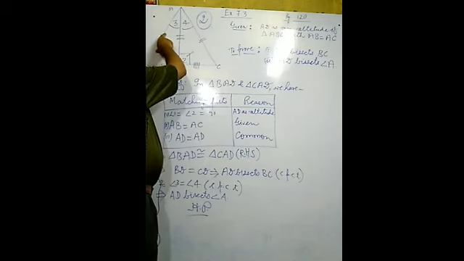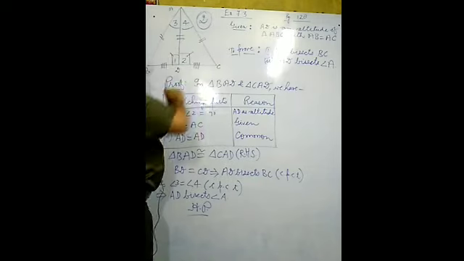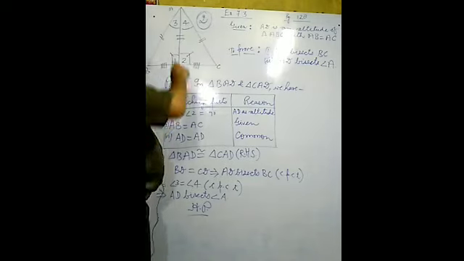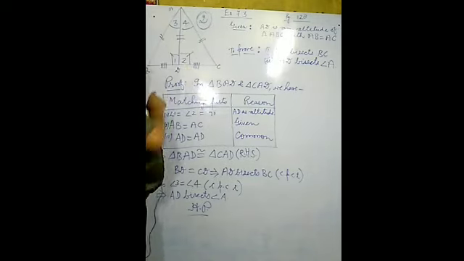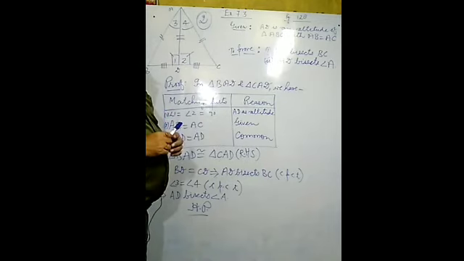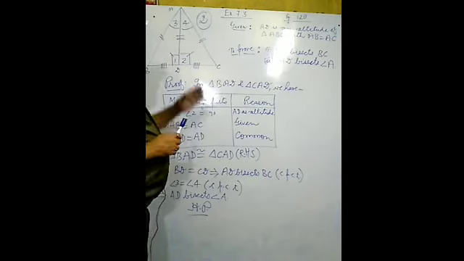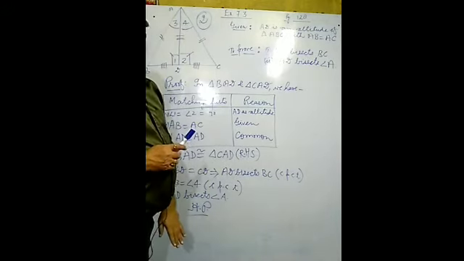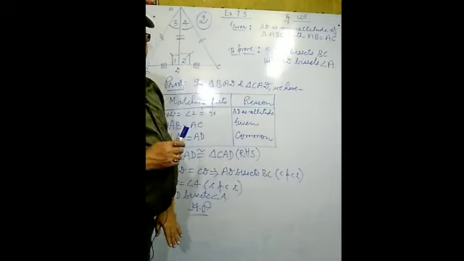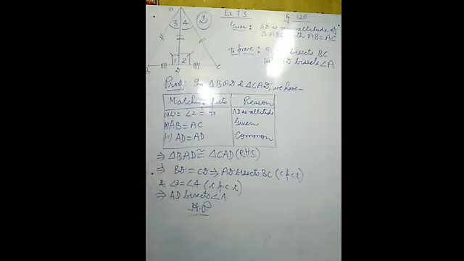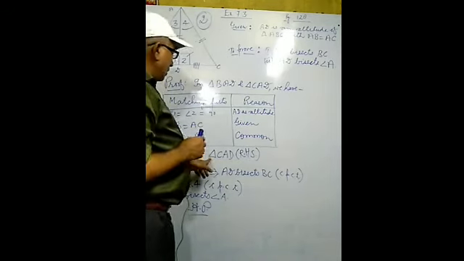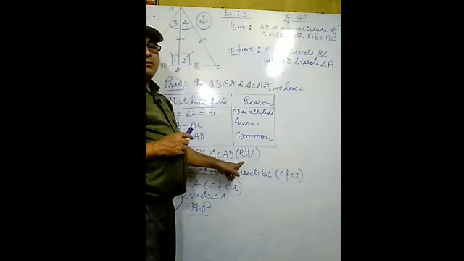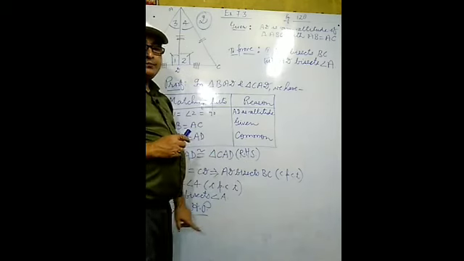This hypotenuse AB equals hypotenuse AC, and one of the sides, AD, is common for both the triangles. On the basis of the RHS criteria, the left hand triangle is congruent to the right hand triangle. In this way, we can say that triangle BAD is congruent to triangle CAD by the RHS rule.